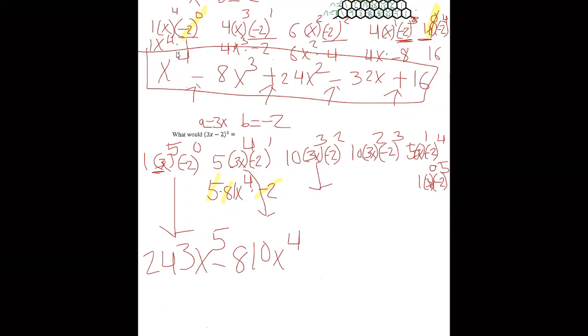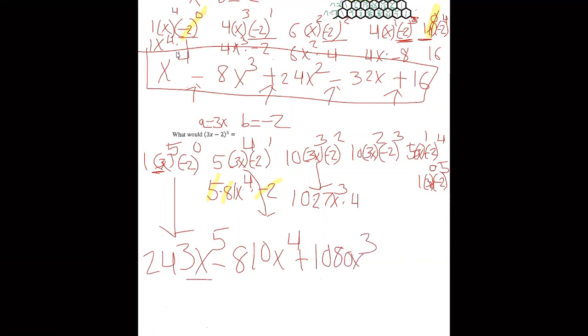Then we need to clean this up. So you'd have 10, 3 up to the 3rd power is 27, and then -2 up to the 2nd power would be 4. So then multiply all your coefficients. That would be 1080x cubed.